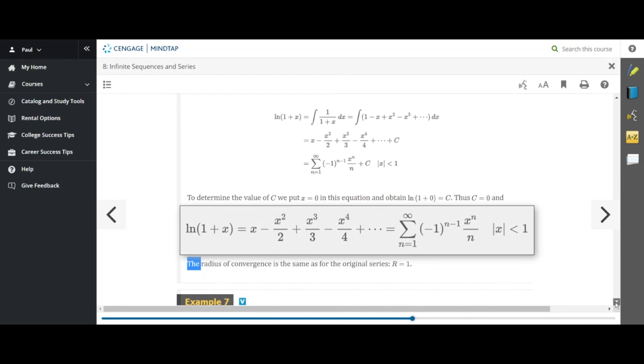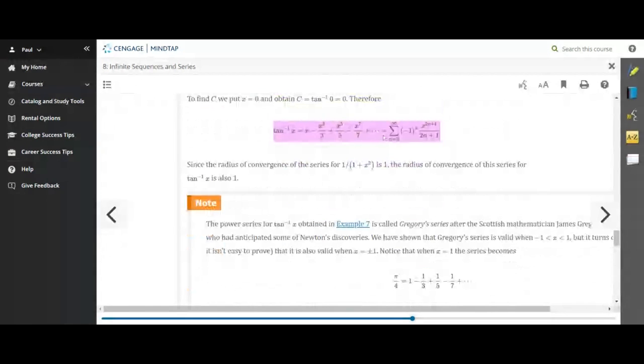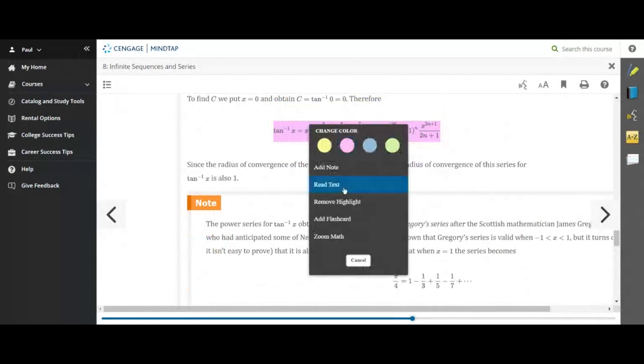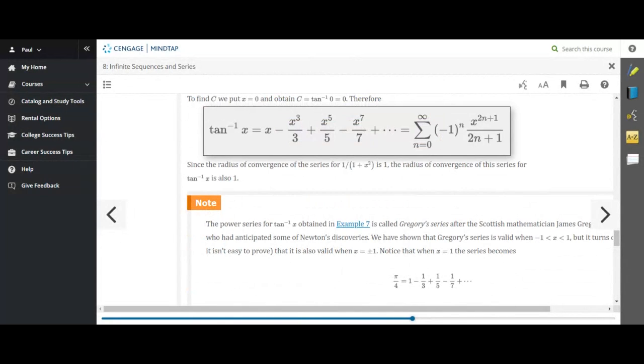We can also have a power series for the arctangent of x. In example 7, they show how to find a power series for the arctangent of x, and there it is.